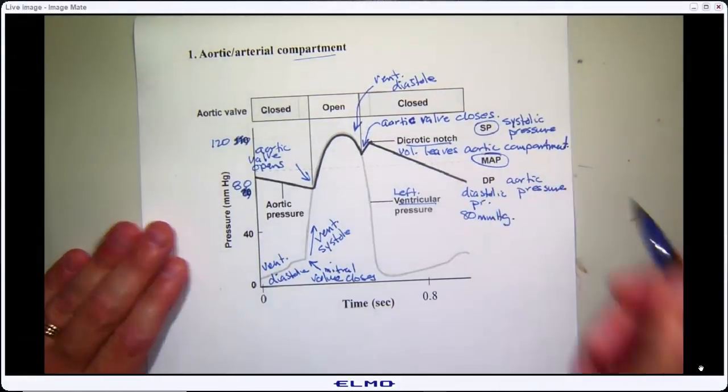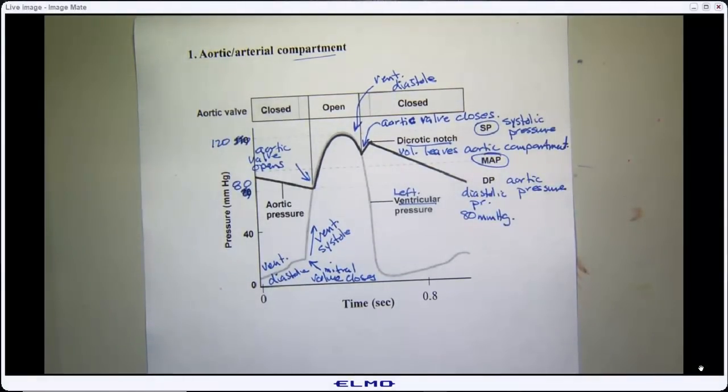We think a lot about mean arterial pressure because it gets a little confusing in regulating all this by thinking about 120/80, so we just pop in an average. To calculate mean arterial pressure, because you spend more time in diastole than you do systole, it should be a weighted average, right?